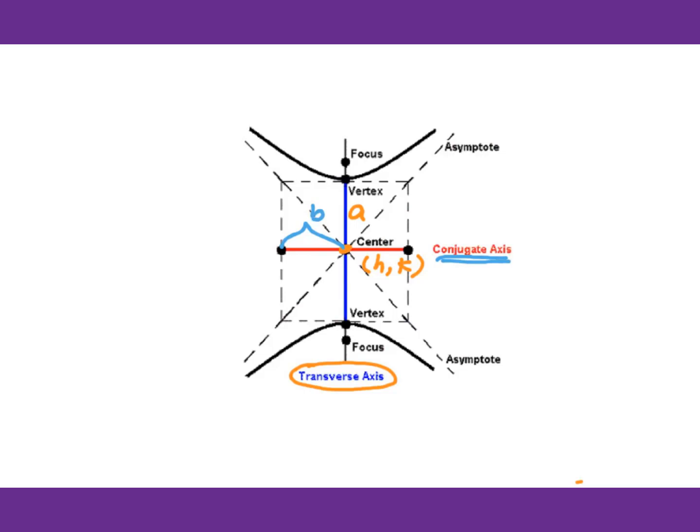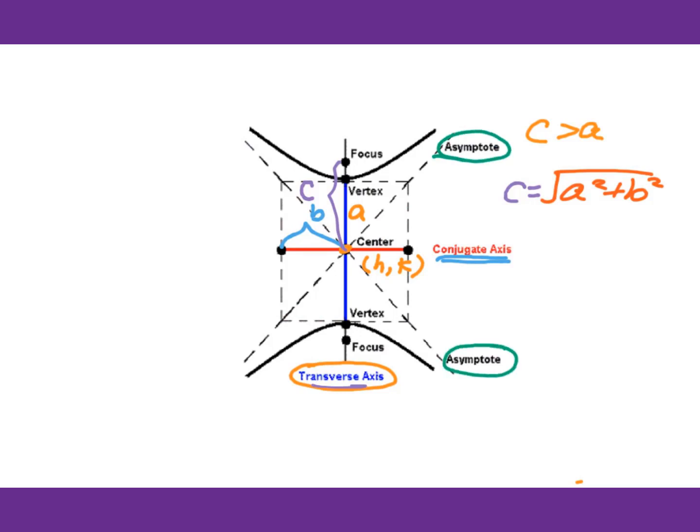The foci are located on the transverse axis, and the distance from center to focus is c. From the graph, we know c is greater than a. Therefore, c equals the square root of a squared plus b squared. For a hyperbola, we do have two asymptote lines.